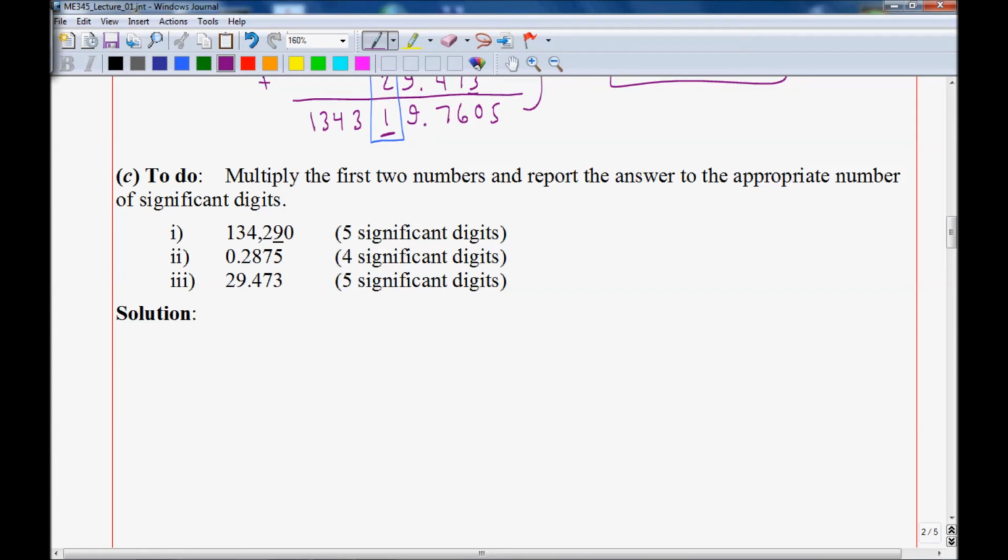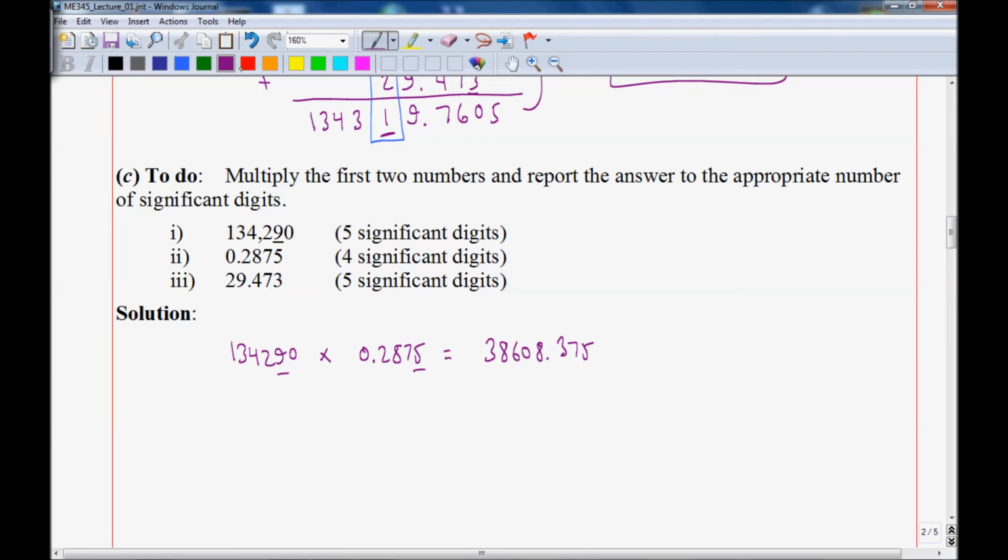When you multiply the first 2 together, we get 134,290 times 0.2875, and I plug that into my calculator. I get 38,608.375.